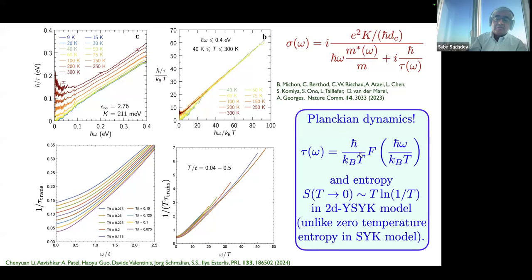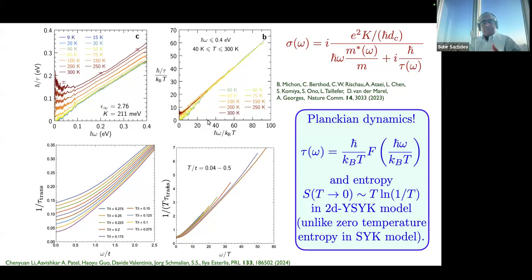This form where tau is just h/T, independent of any particular interaction between the electrons. So that's what's called Planckian behavior. And that's exactly what emerges here. And in fact, even this function f, which is this function here, looks quite similar to the experiment. So this kind of theory of spatially random interactions at the mean field level leads to really very encouraging agreement with lots of experiments. I've just shown you a little bit here.